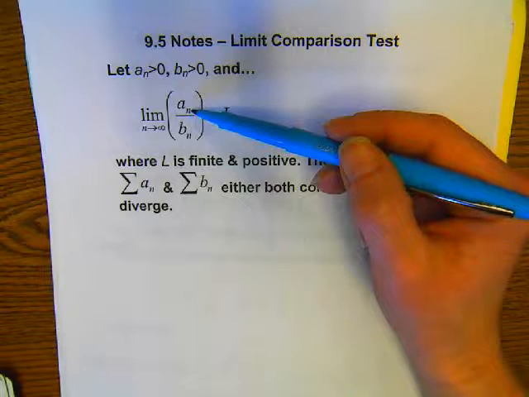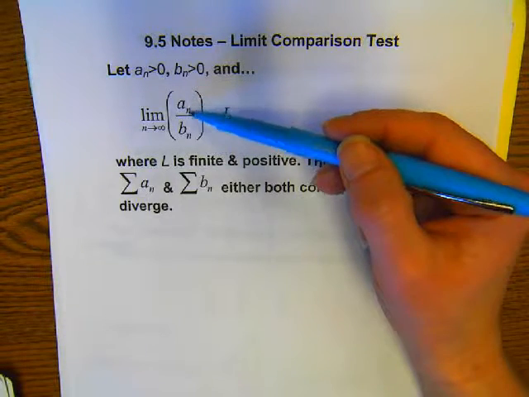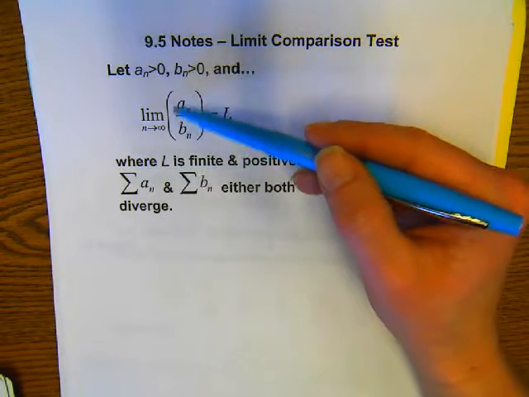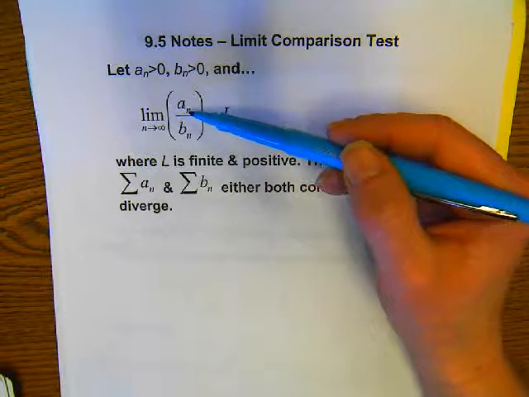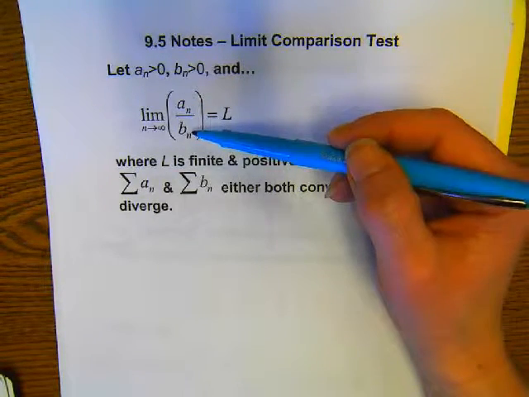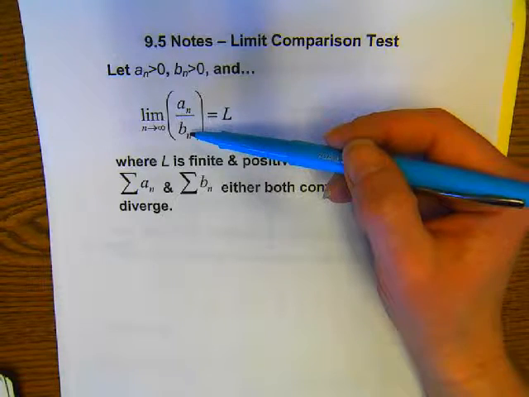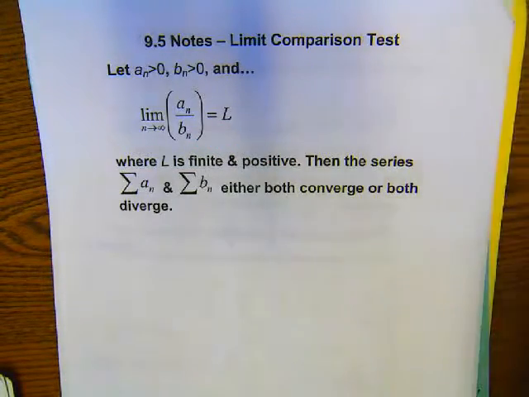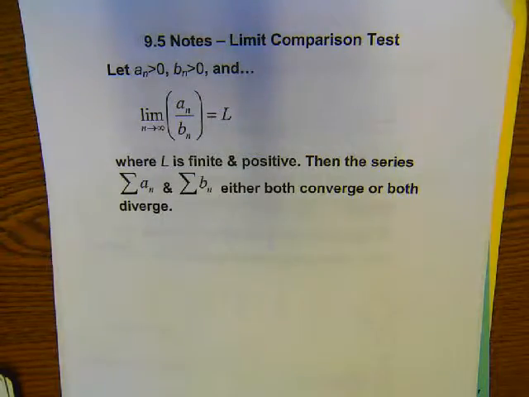And so if that is true, we said yesterday, or earlier, that then this is going to converge. So flipped around, if the series you want is larger, then both series are going to diverge.